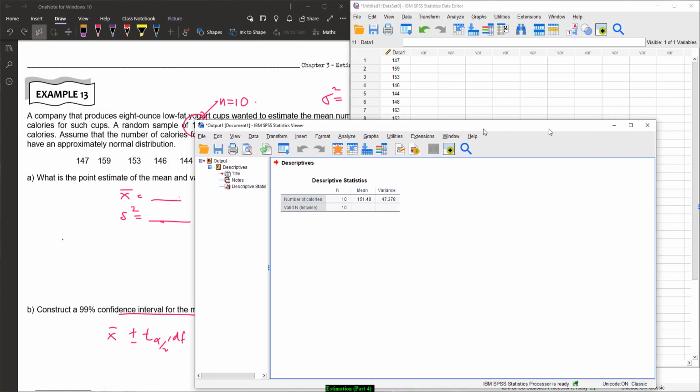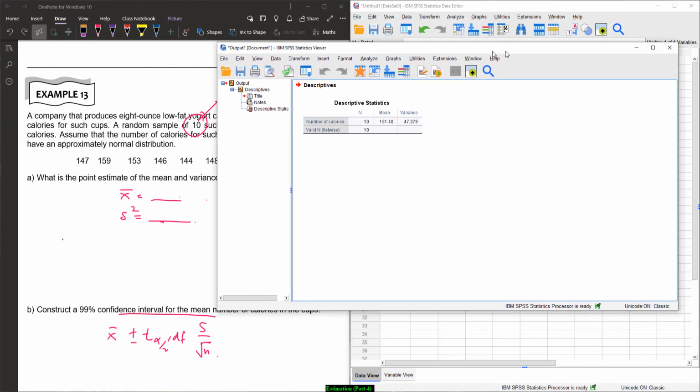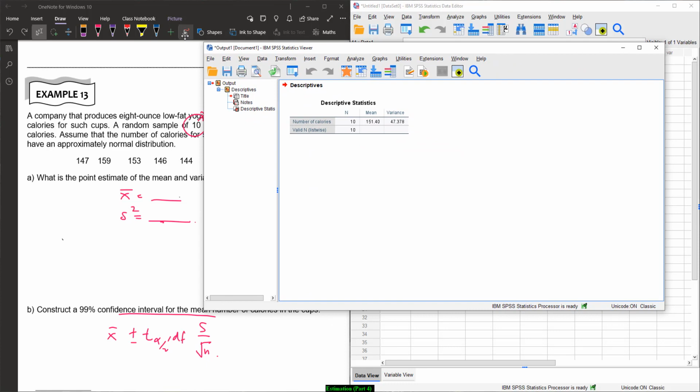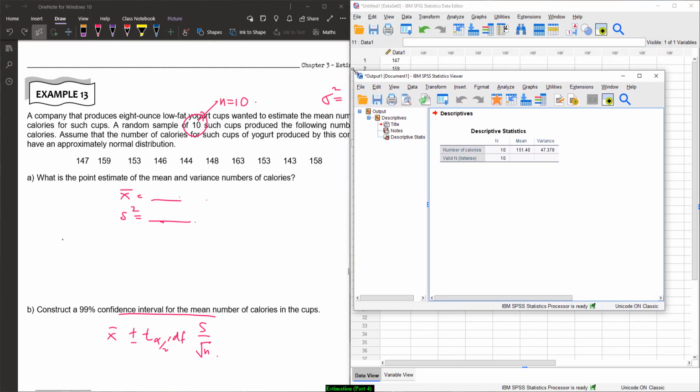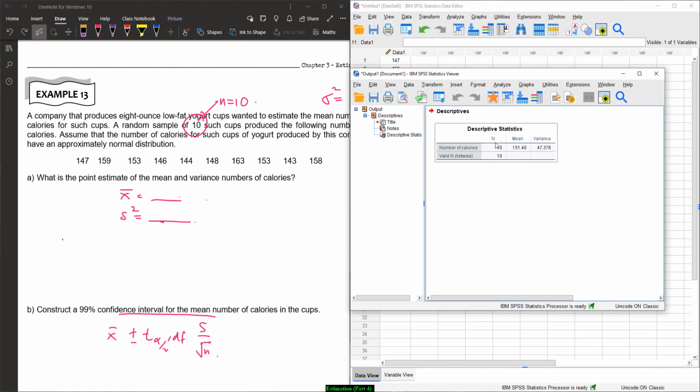So then you will see this kind of result. So this is what we call our statistical output viewer lah. So this is the output viewer file. So in output viewer file, it will give us the value of mean and number of observations, mean and variance. So the mean is 151. So we can put here lah 151.40. And this is 47.378.